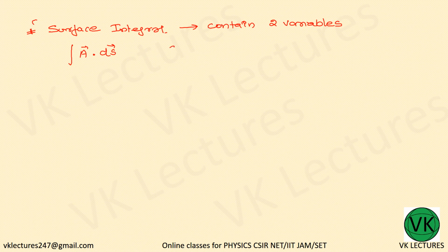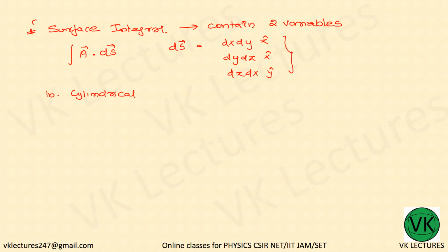And what about this ds? ds in a Cartesian coordinate system, you can write as dx dy along z cap, dy dz along x cap, and dz dx along y cap. So this is ds in Cartesian coordinate system.